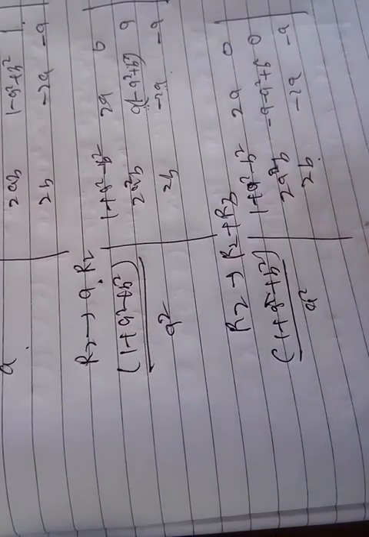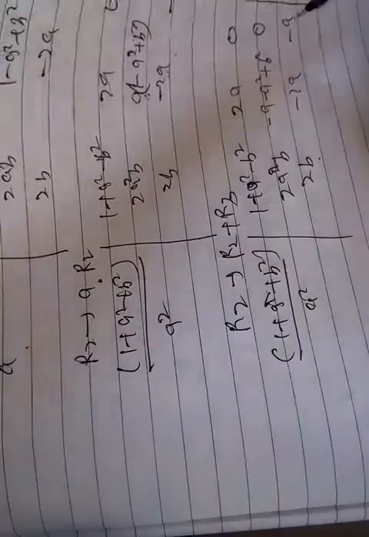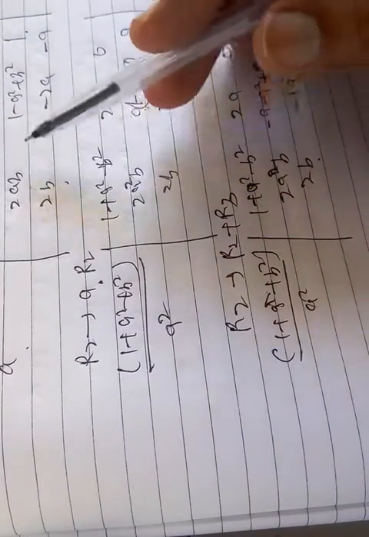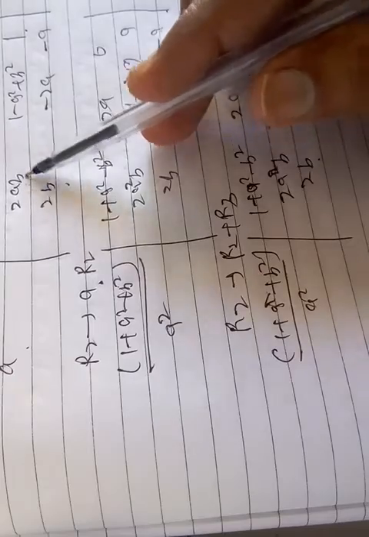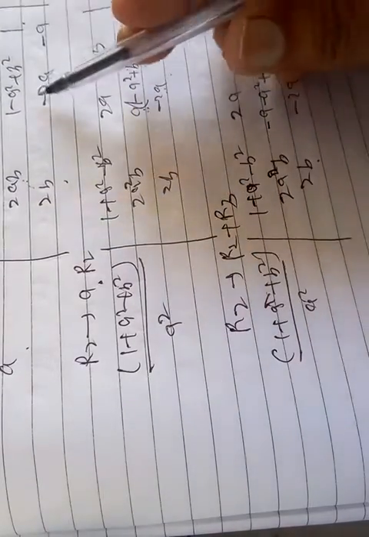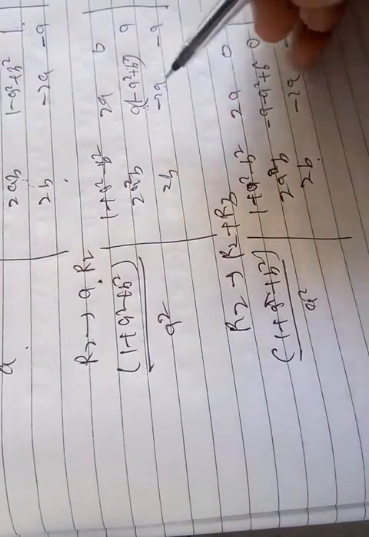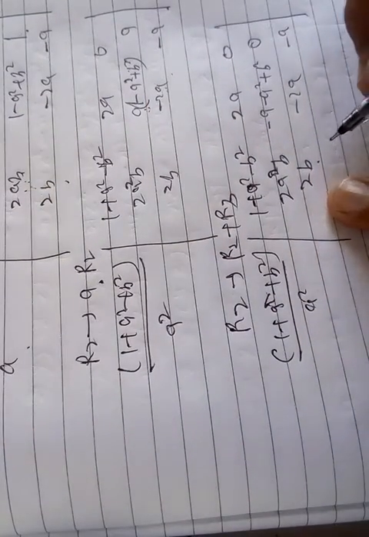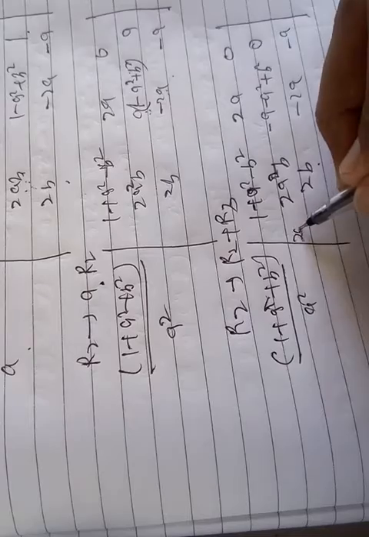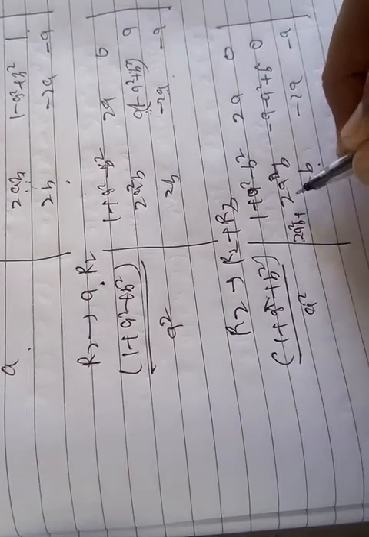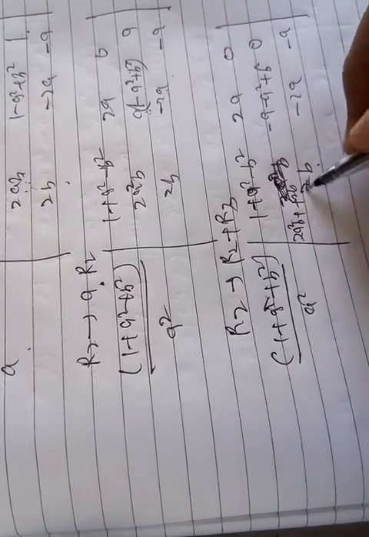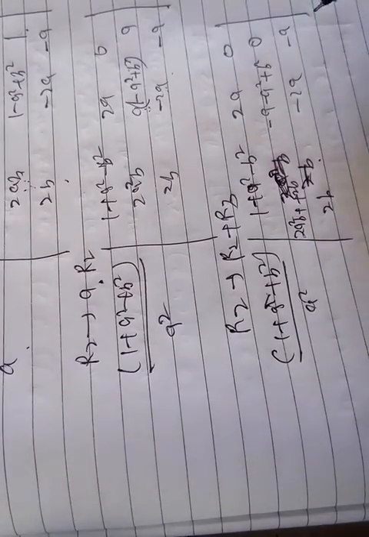Expanding along this side, 2a, 2b, 2a, a square multiplied by 2a square b, and this R1, 2a square b plus 3, so 2a square b plus 2b, 2b, right?